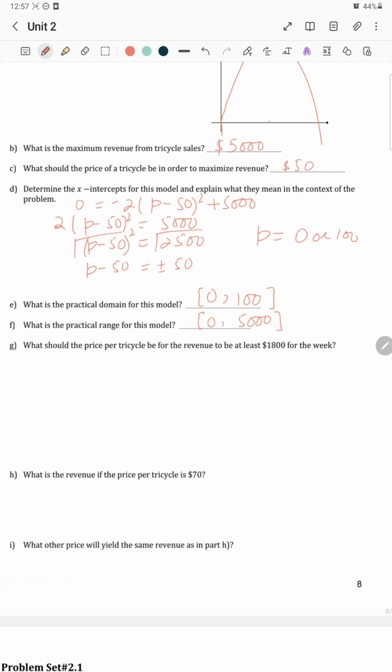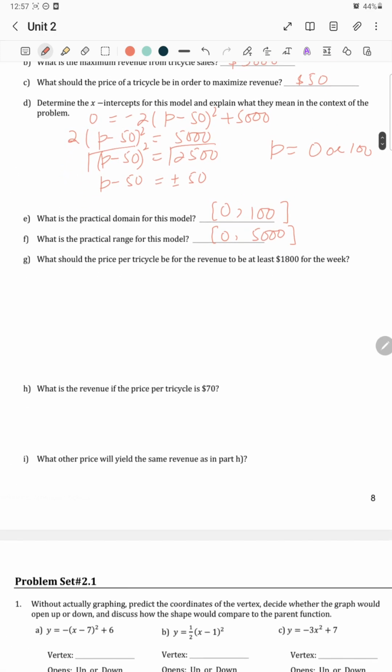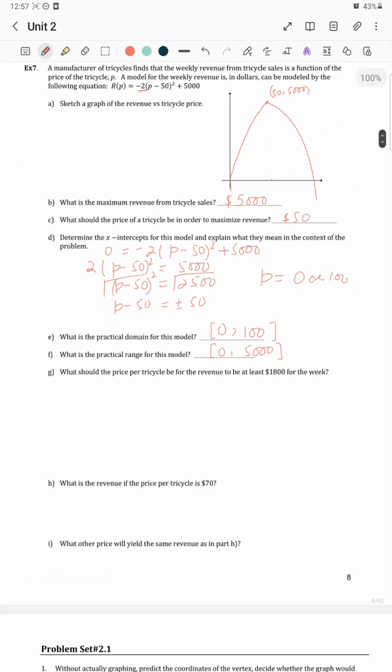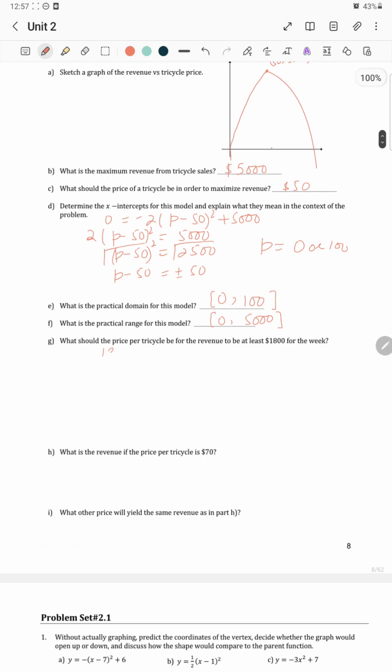What should be the price per tricycle for the revenue to be at least $1800 per week? So for $1800 we get the price. We put 1800 equal to minus 2(P minus 50) whole square plus 5000. 2(P minus 50) whole square is equal to 5000 minus 1800.